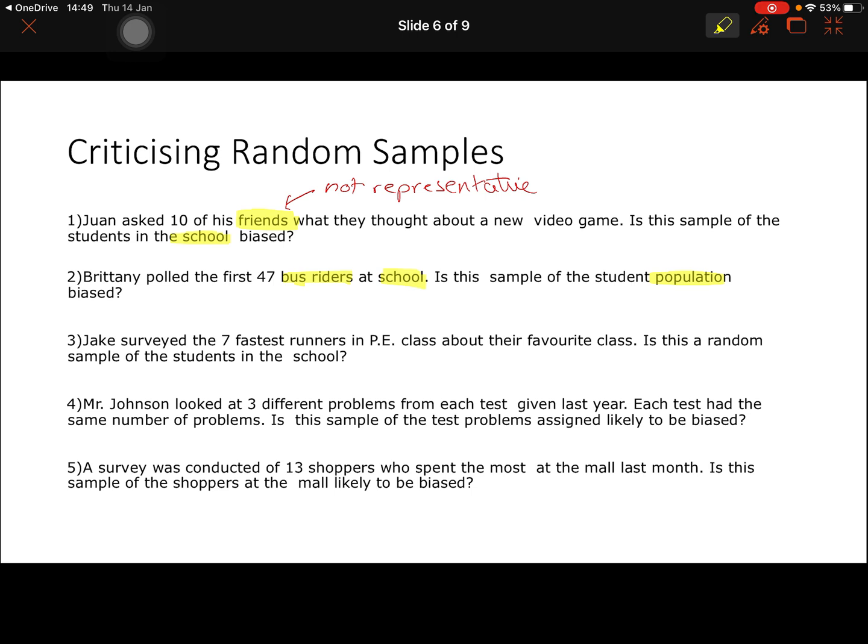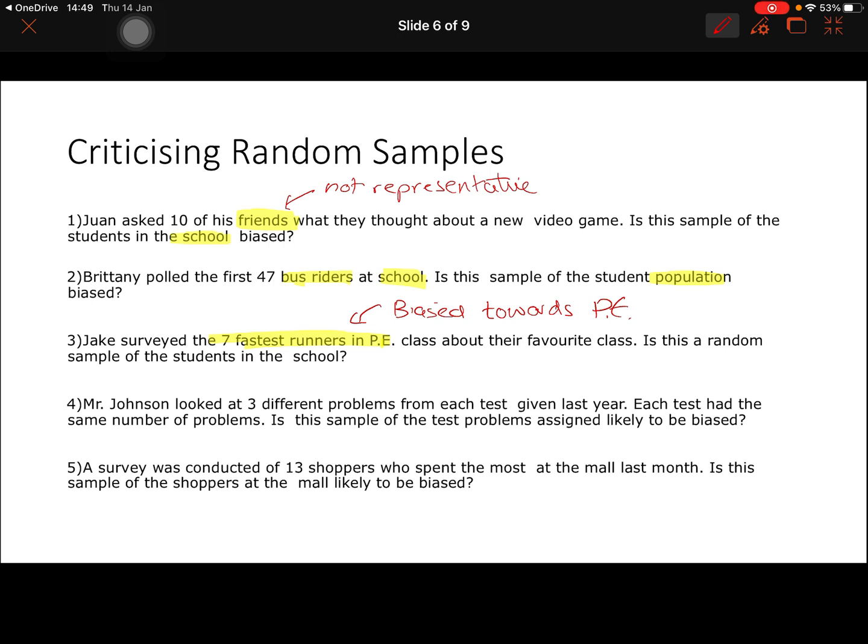The chances are they might well be biased, because that may well be their favourite subject. So for all that could possibly be a better sample, because you're only asking the fastest runners in PE, is that going to be biased? Now, I would worry, is that going to be biased towards PE? Because you're asking the top students from that subject, and only the top students.